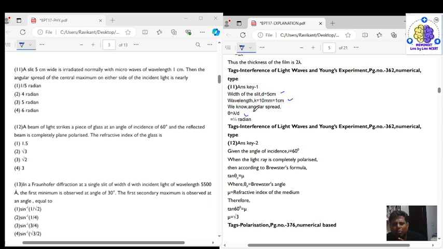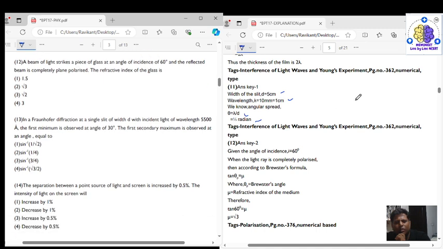Putting the values, we get theta equals 1 by 5 radian. So simply what we have used here is that the angular spread theta equals lambda upon small d. Lambda and small d are both given in the question, so we get theta equals 1 upon 5 radian, which is option 1. So the correct answer for question number 11 is option 1, right?